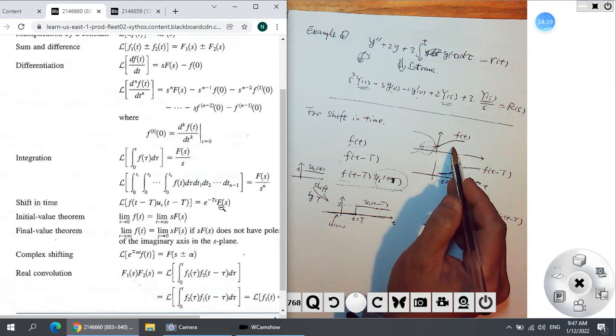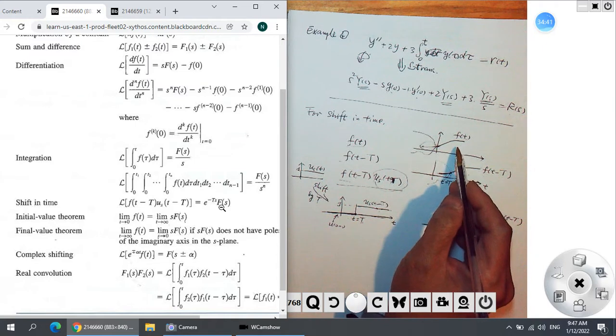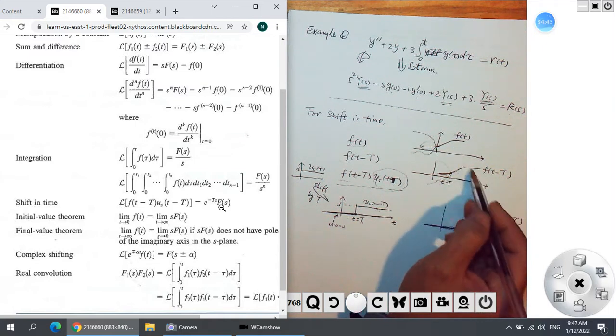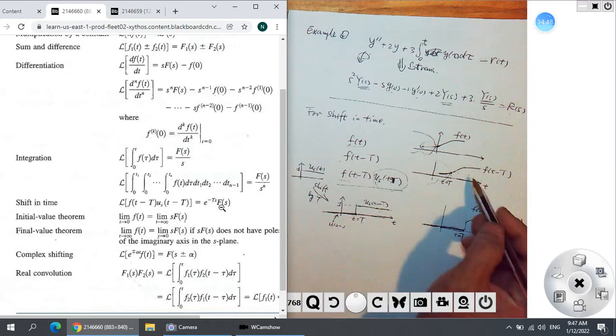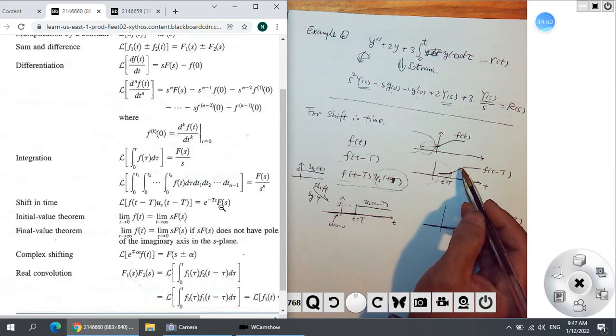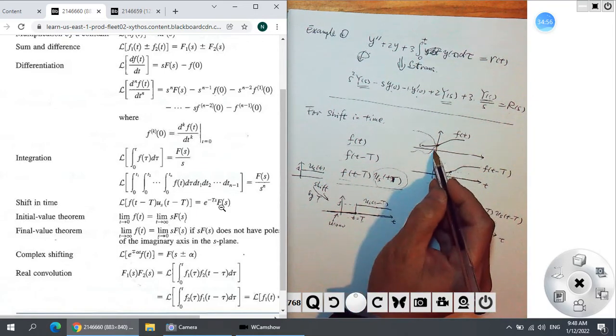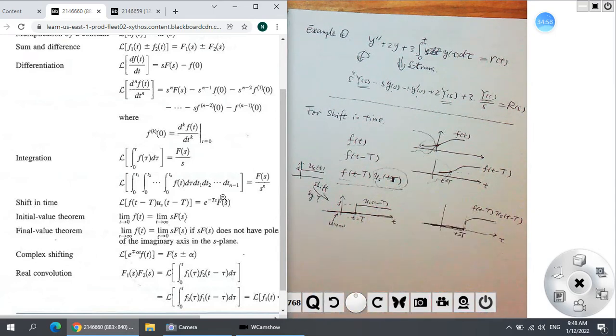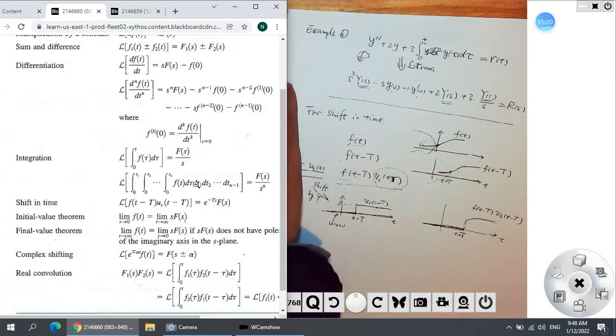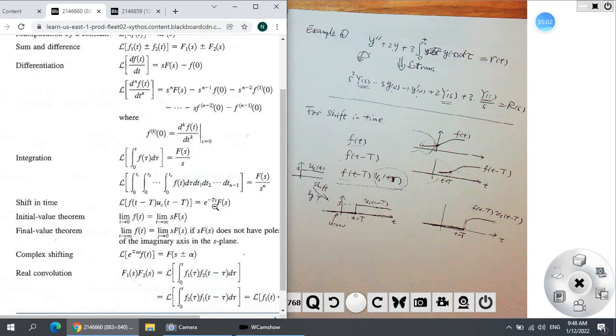You cannot have a general formula for that, right? This part cannot be determined. There are different kinds of possibilities. But for this one, there's no doubt, because this part we just read, then it will be the same. Okay, so this is for the shift of this one.